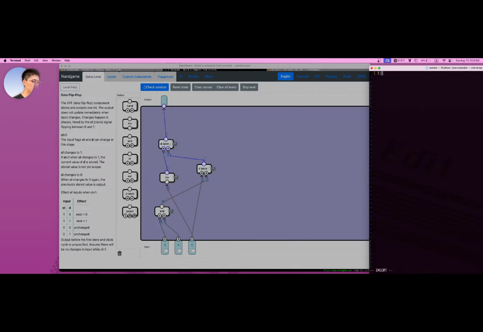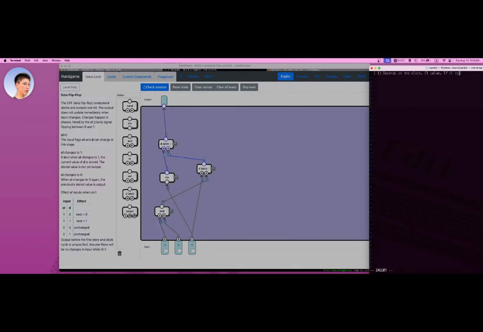First thing is that it depends on the clock. What does it mean? It means that we should always check the clock value.